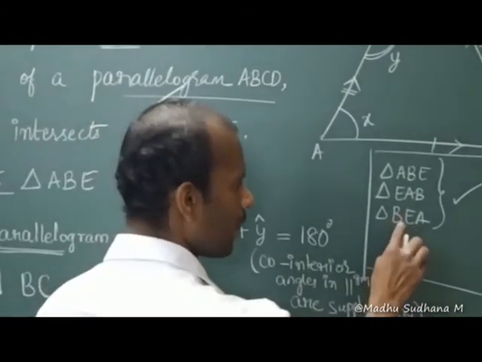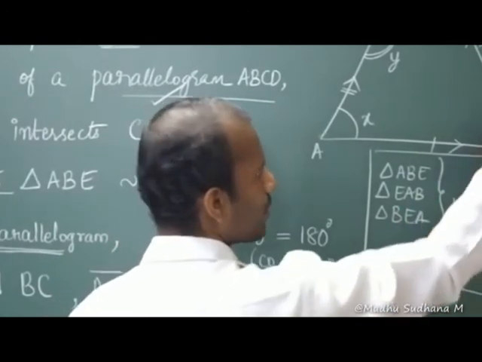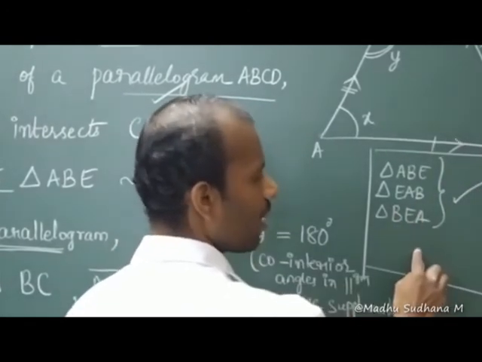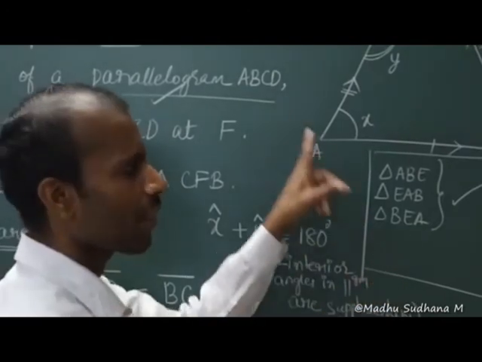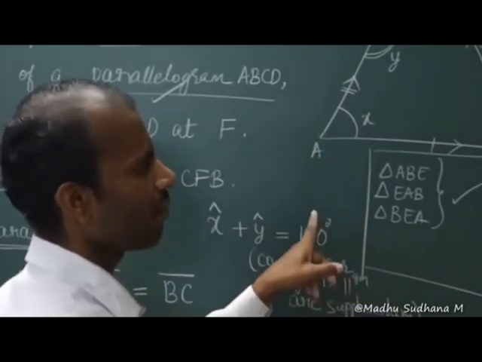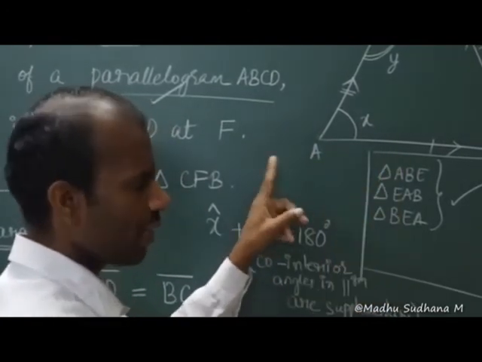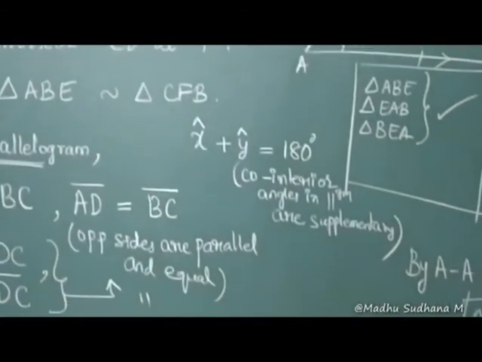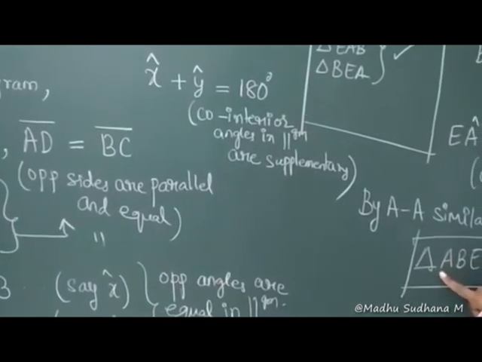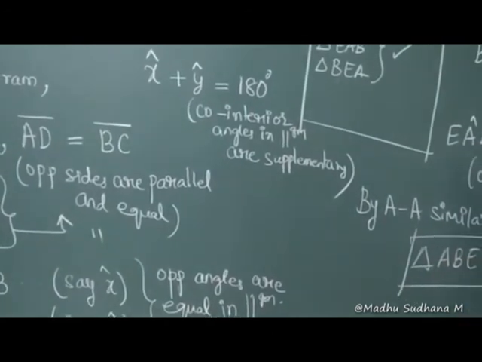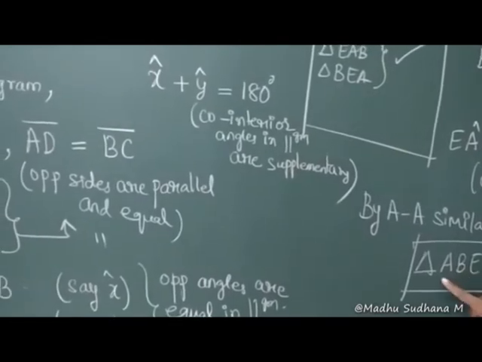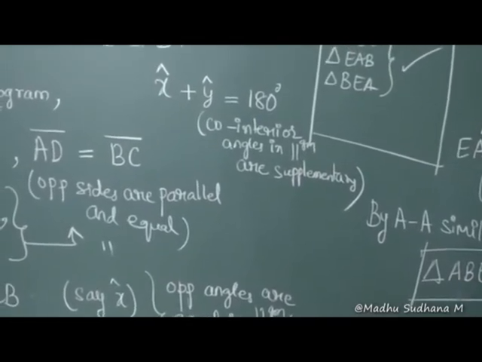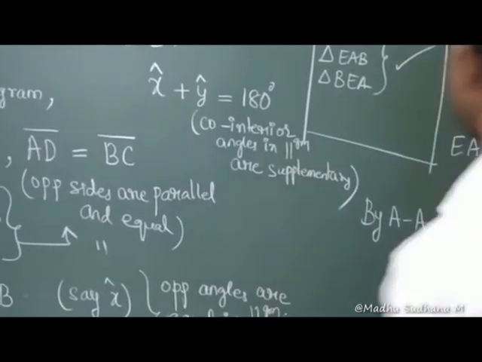But when I compare this to this triangle for similarity, we need to identify the corresponding vertex properly, the corresponding side, and only when these two triangles are written in accordance with the corresponding vertex and the corresponding side, only then this triangle is similar to this triangle, so that corresponding sides are proportional. Followed it? So this is one important note.